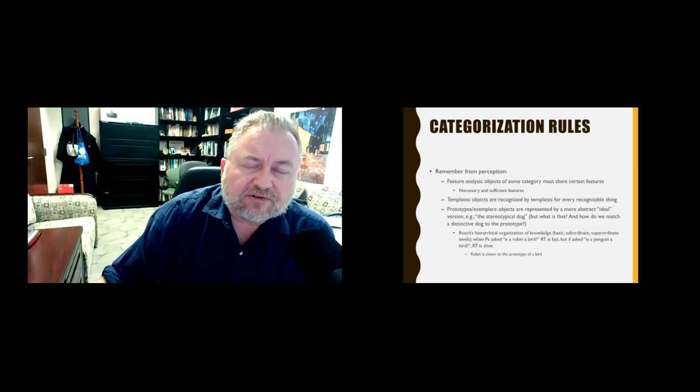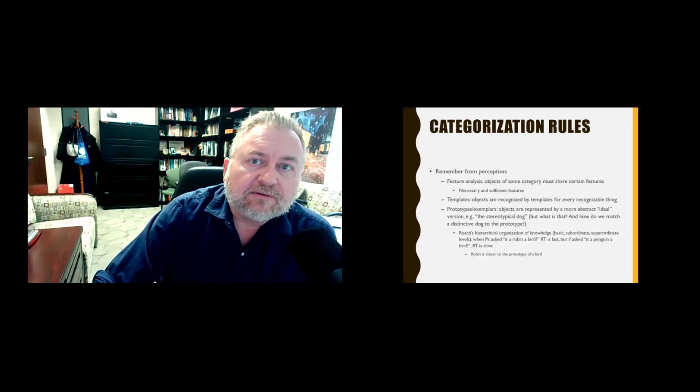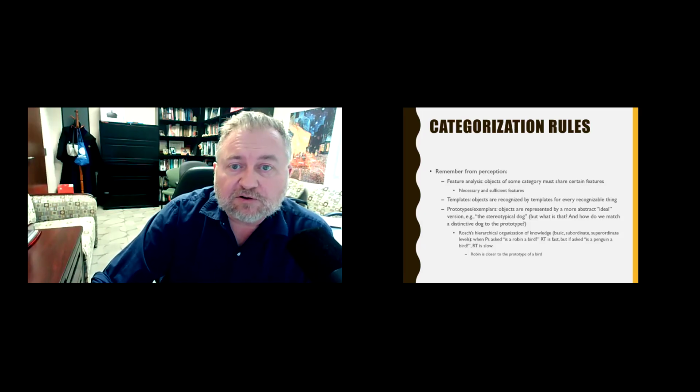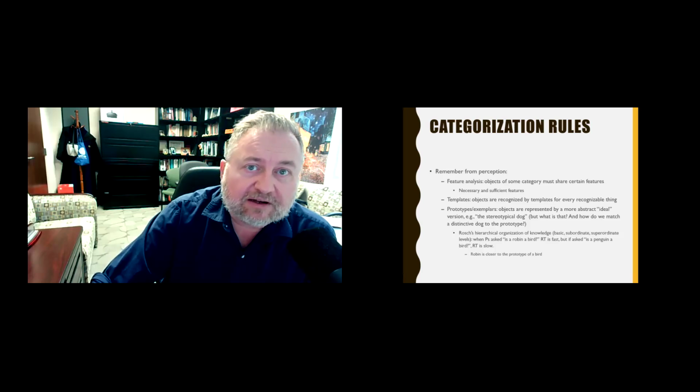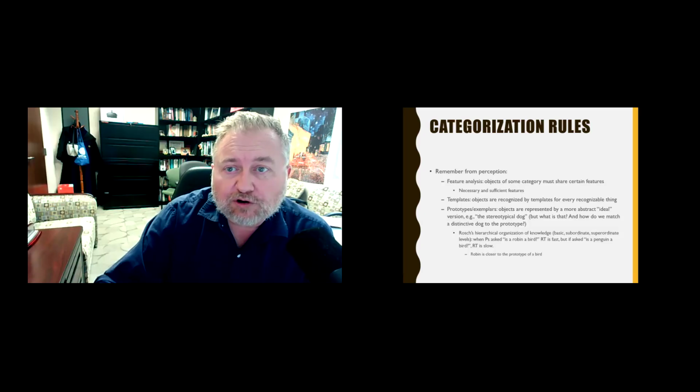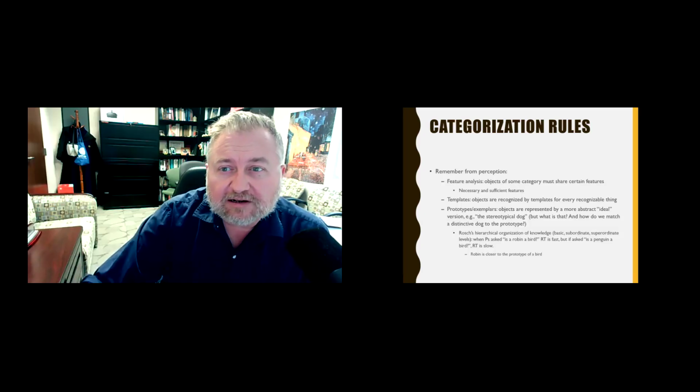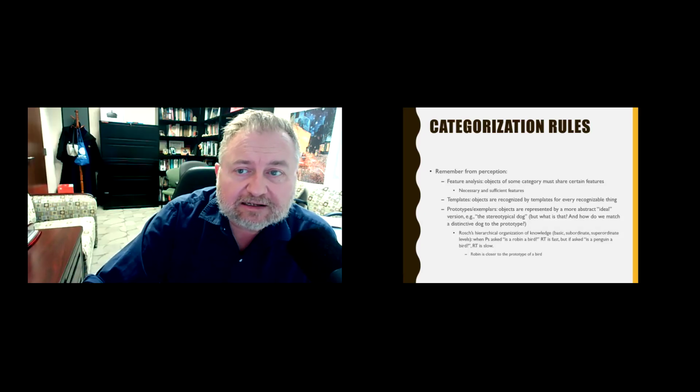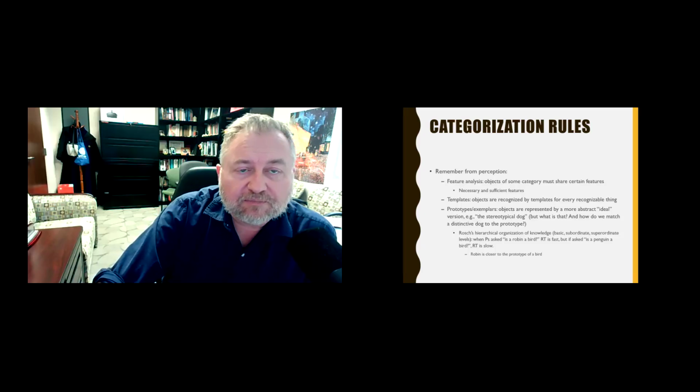But also there's the issue of sufficiency. So is the vertical line itself a sufficient feature for the letter T? And the answer is no, because we can also have other letters that have that feature, like the letter I, or even parts of the letter N or R, or even the U over there kind of has some vertical lines. The letter L and the E have some vertical lines in them.